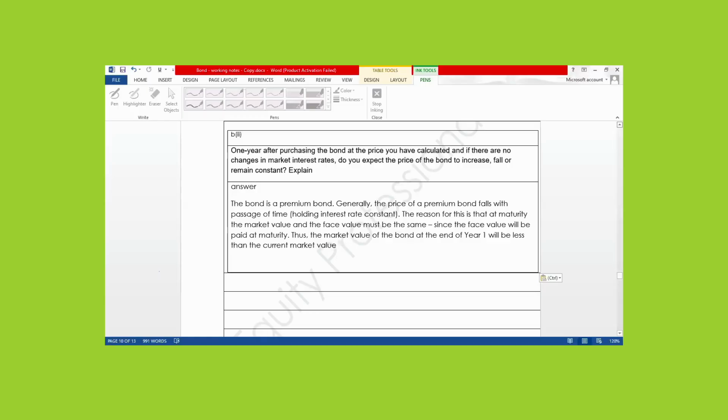The market value and the face value must be the same. That is what is there now, okay? The market value and the face value must be the same at maturity. When we calculated, we said the bond will be redeemed at what? At 1,000 naira, at maturity.